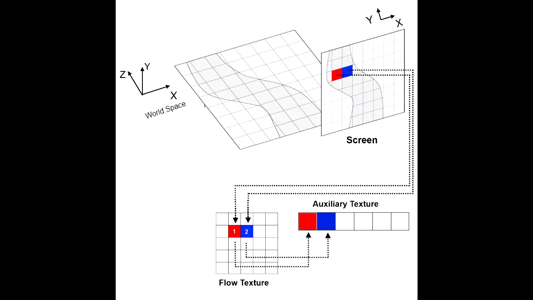Here we can see how that works. For each pixel, we retrieve the particle that covers it the most, and we store it in the flow texture. The identifier of this particle allows us to address the correct position in the auxiliary texture when we're inside the shader.